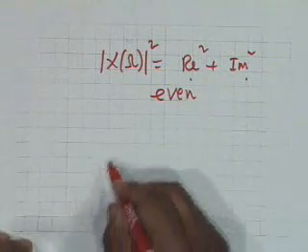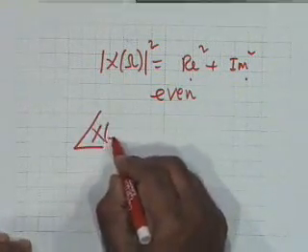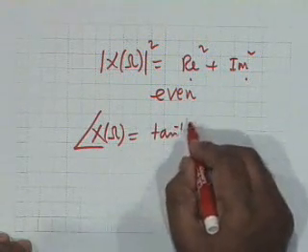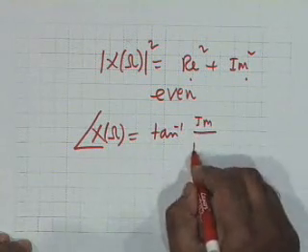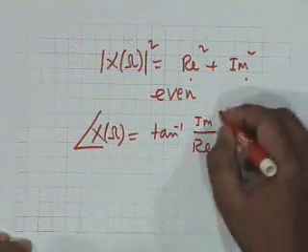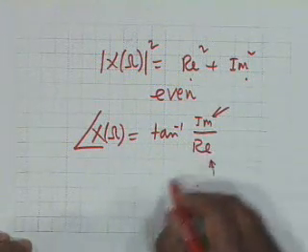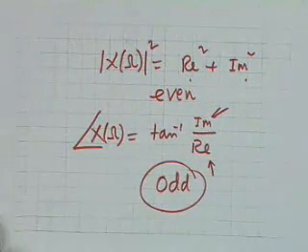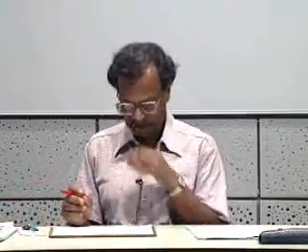The angle of capital X of omega is tan inverse of imaginary part divided by the real part. Imaginary part is odd, real part is even, and therefore this must be odd. These are elementary properties of the Fourier transform of real signals.